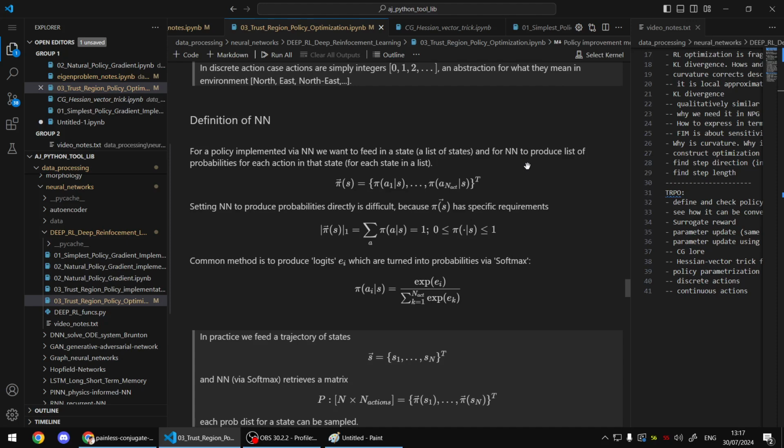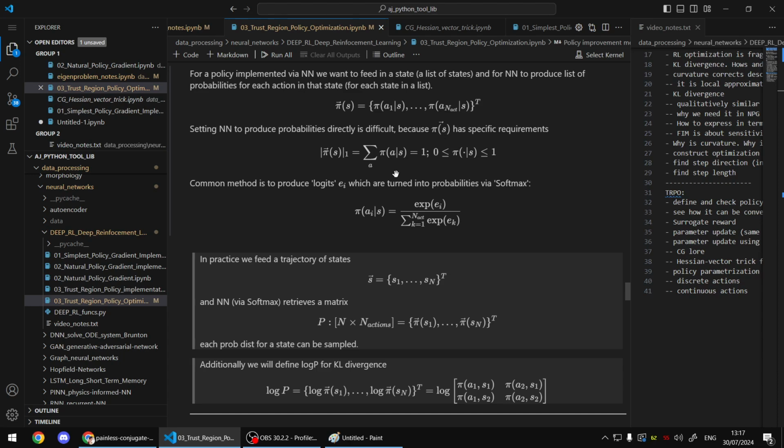You probably can. But the general approach is to use logits. It means that we say you can generate whatever numbers you want, from minus infinity to infinity. But then over all the actions, I will normalize in such a way that it will produce the same properties that probability distributions have.